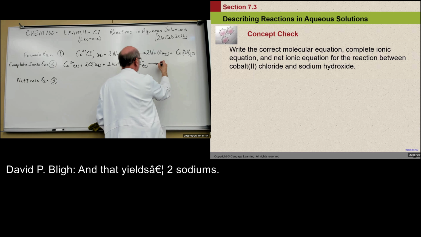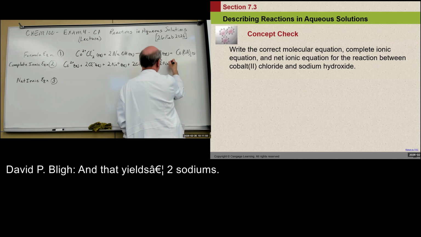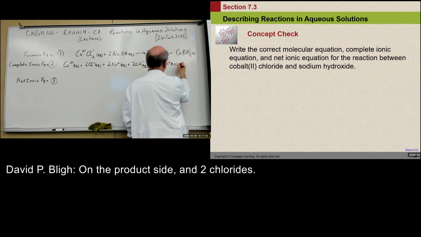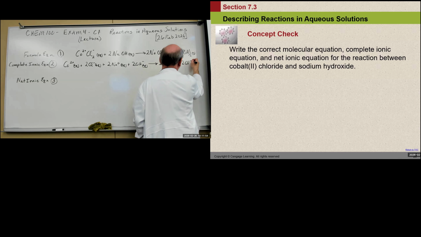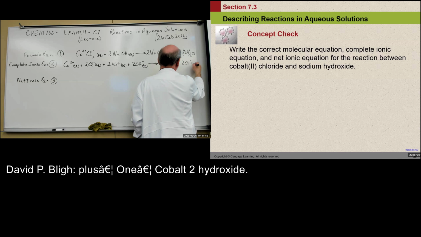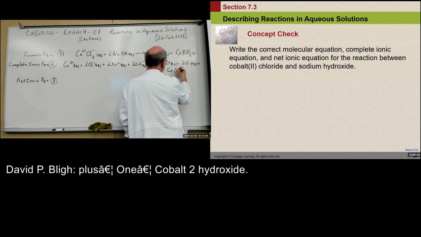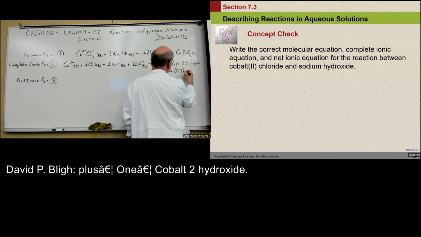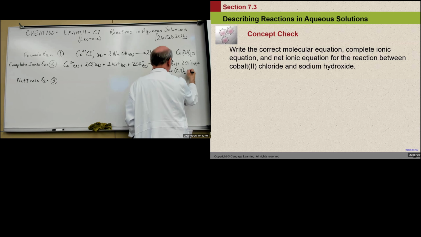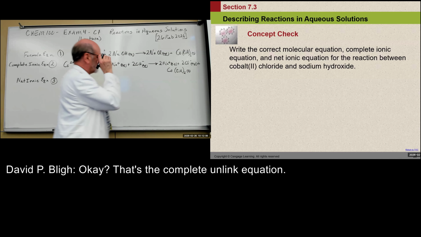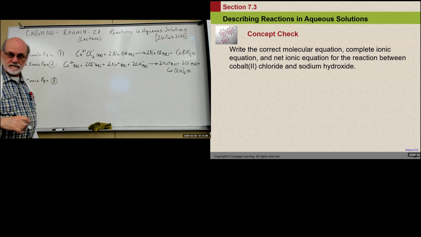And that yields 2 sodiums on the product side and 2 chlorides plus 1 cobalt-2 hydroxide. Okay, that's the complete ionic equation.